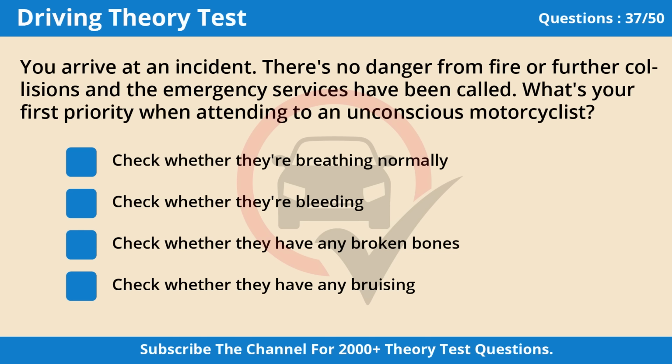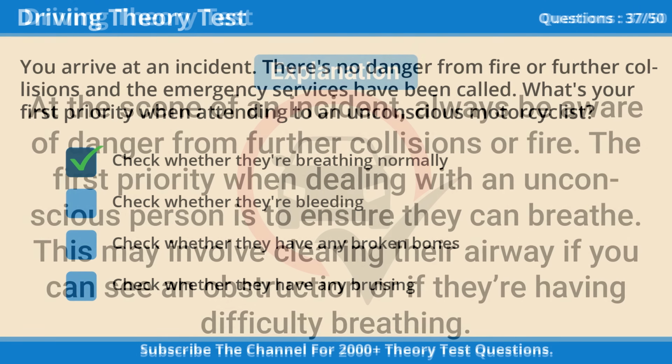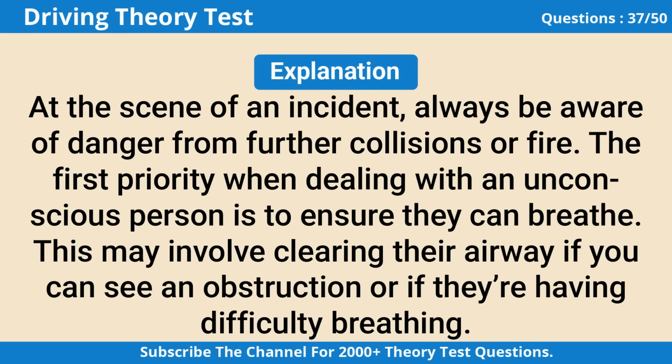D. Check whether they have any bruising. A. Check whether they're breathing normally. At the scene of an incident, always be aware of danger from further collisions or fire. The first priority when dealing with an unconscious person is to ensure they can breathe. This may involve clearing their airway if you can see an obstruction or if they're having difficulty breathing.